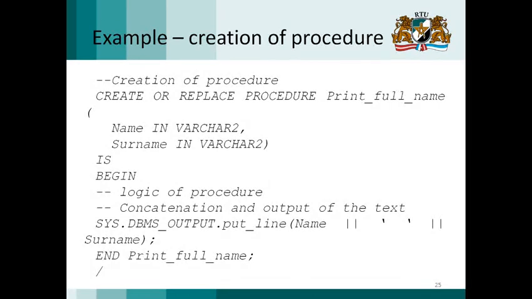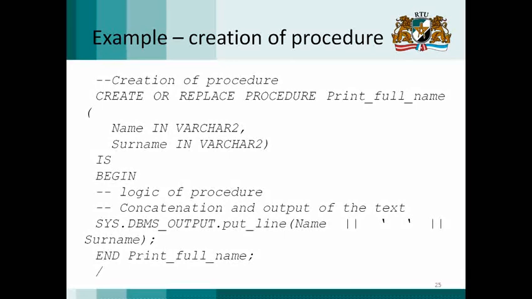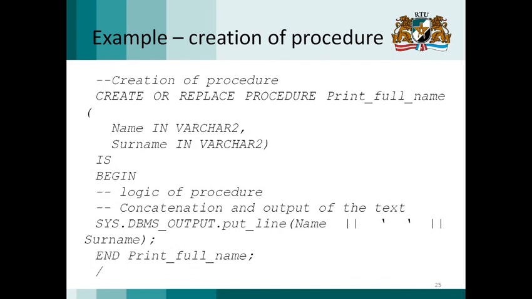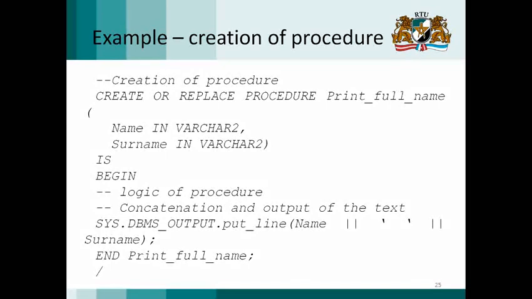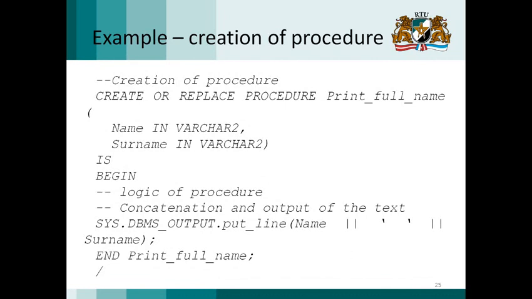So what this means is we take the parameter, this name. We do not have to put it in quotes because it is a variable and it is already in varchar2 form. These are concatenation operators that put these text parts together.